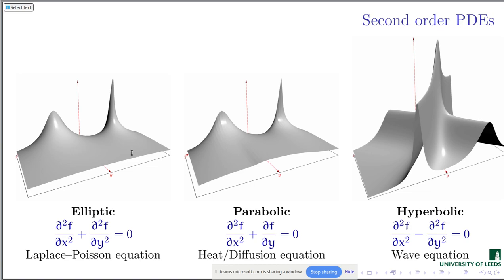So for example, this edge which is closest to us is more curved in the parabolic case, more flat in elliptic, but we may see a sharper shadow in the elliptic case rather than in the parabolic.